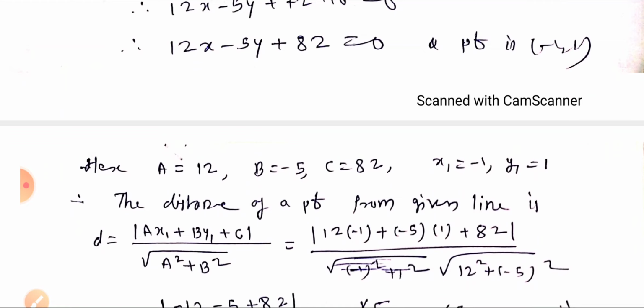So therefore the distance of a given point from the given line is d is equal to modulus of ax1 plus by1 plus c by root of a square plus b square. So this is equal to modulus of a is 12, x1 is minus 1, plus b is minus 5, y1 is equal to 1, plus c equal to 82 we have written.